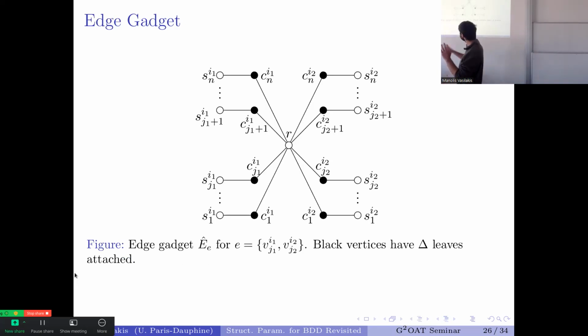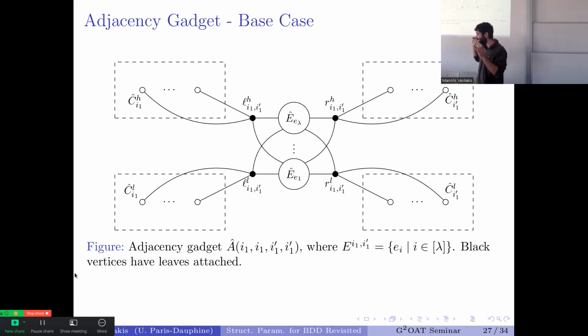And this is an edge gadget. This is how it looks. We create something like that for every edge. In the adjacency gadget, for the base case, where we want to check the adjacency of the choices in just two independent sets, we have a construction which looks like this: two choice gadgets, and then four vertices that have some leaves attached, but whatever.